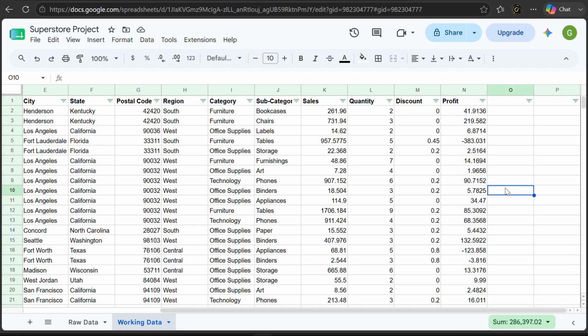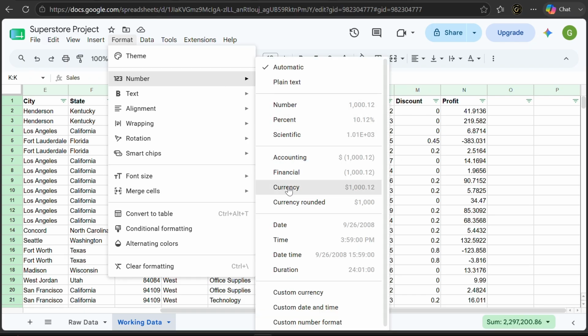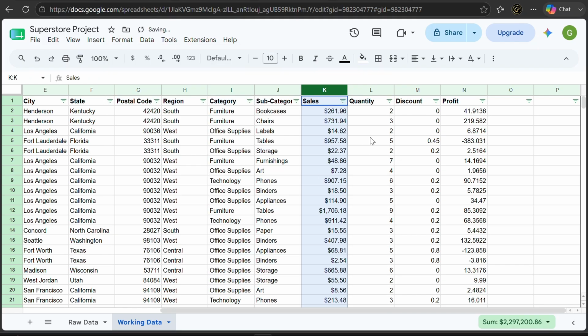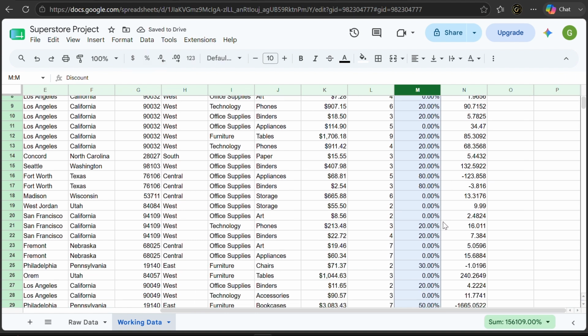Before we proceed, one thing that is very important. This sales column here should represent currency. So I'm just going to quickly go to format, come to number, and then I'm going to format it as currency. Yeah, very important. Okay, this one represents number. This one is percentage. So I think I'll just format it as percentage here. Yeah, I think this is nice.